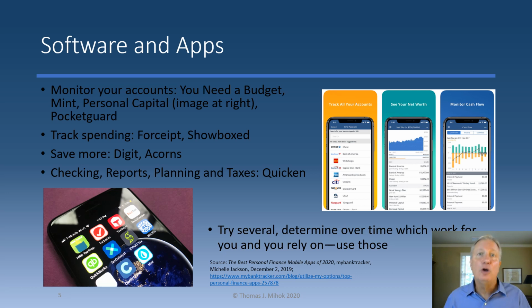Which one encourages you to use it. Gives you, therefore, the best data. Helps you make the best decisions. And then use that one. The image on the left shows a desktop of a mobile phone with a bunch of different apps loaded. All right, so these are software and apps.